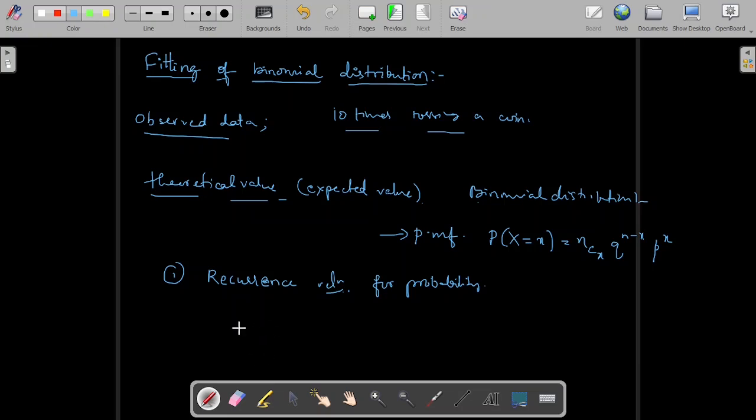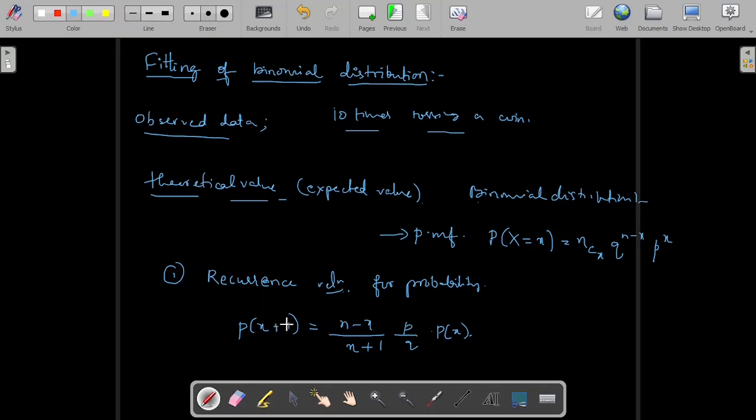That is given as p of x plus 1 equal to (n minus x) divided by (x plus 1) into p by q into p of x. This is obtained from the same formula, replacing x by x plus 1 and then dividing.